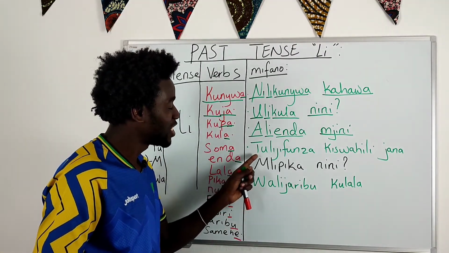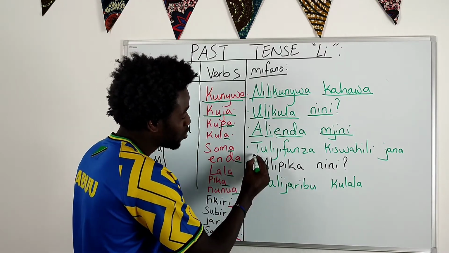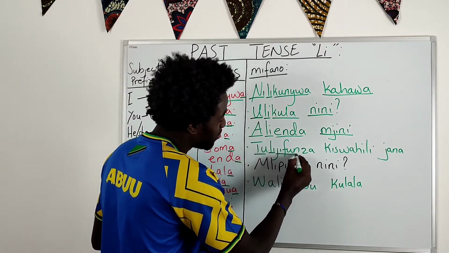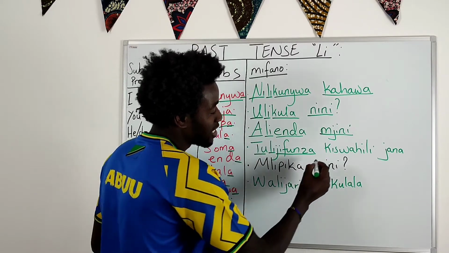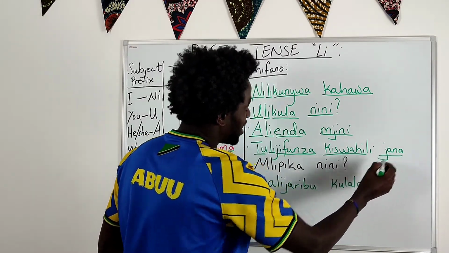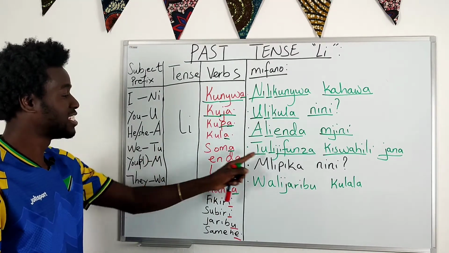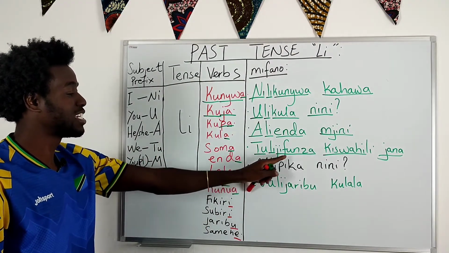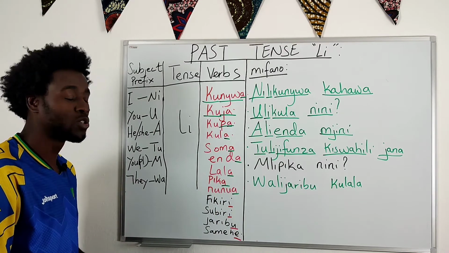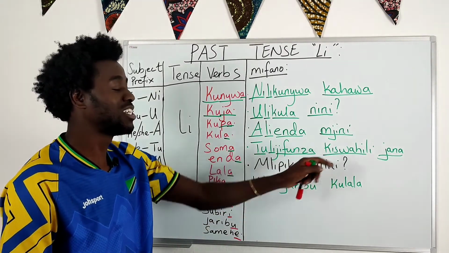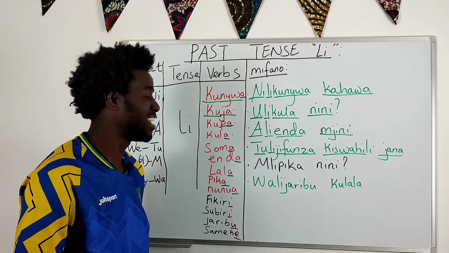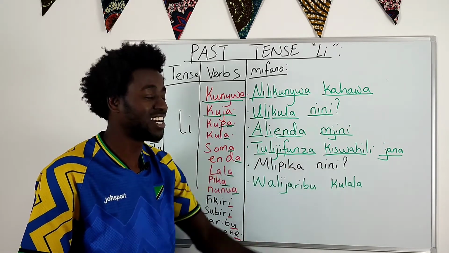Good. And next is tulijifunza Kiswahili jana. So tu is the subjective prefix that stands for we, and li our past tense, and jifunza, this is learn or to study, and Kiswahili, this is the language that we are learning now, and jana, yesterday.